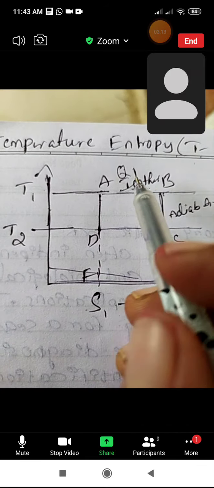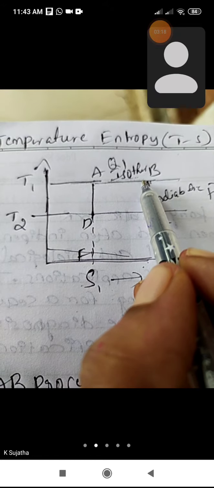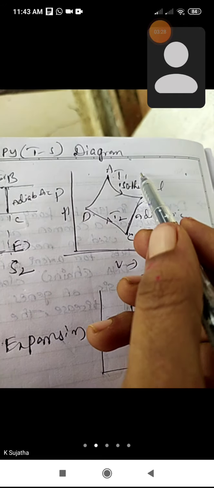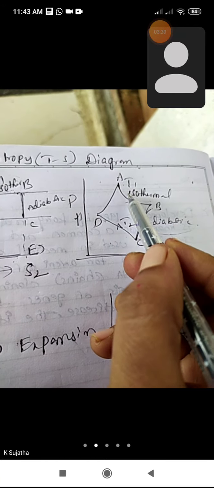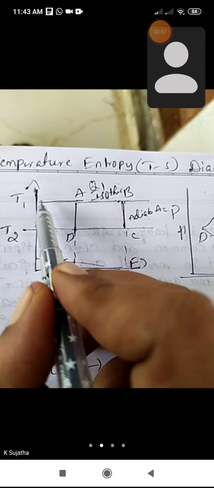This isothermal expansion is done at the temperature T1. Observe in this diagram, as we discussed yesterday, that the isothermal expansion process is done at the temperature T1.